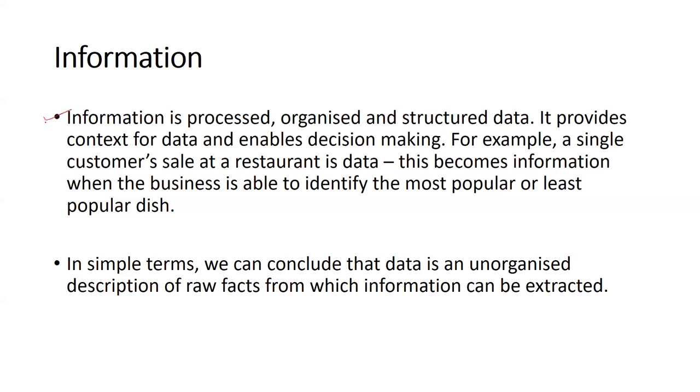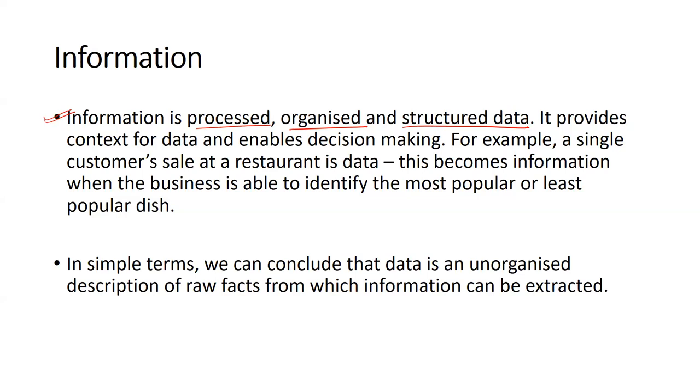So, information is processed, organized, and structured data. It provides content of data and enables decision making. For example, a single customer sale at a restaurant is data. It becomes information when the business is able to identify the most popular or least popular dish.